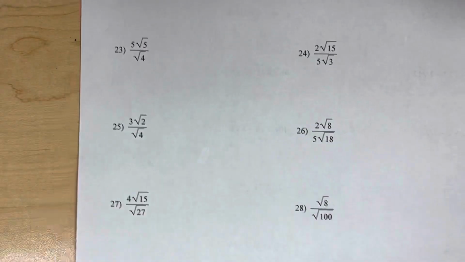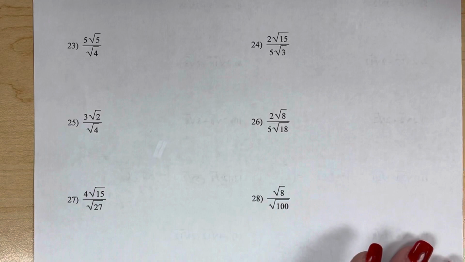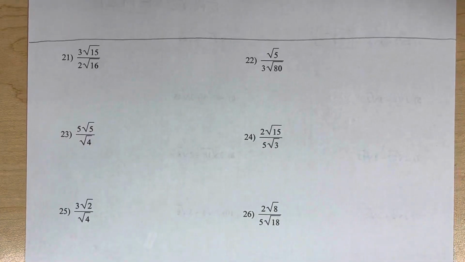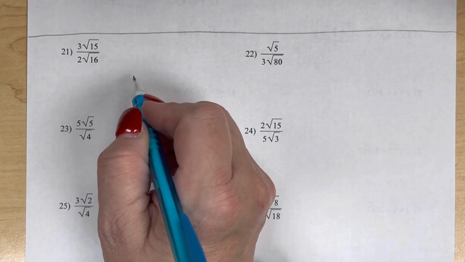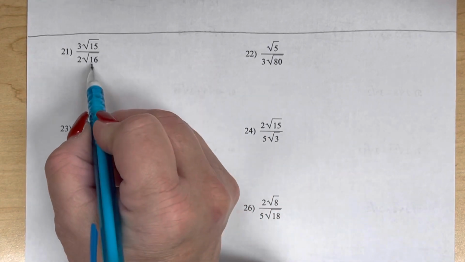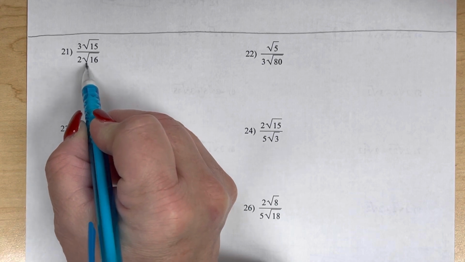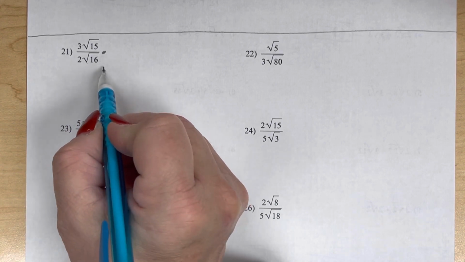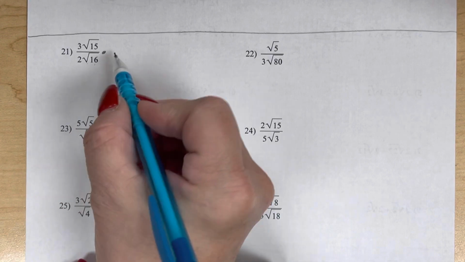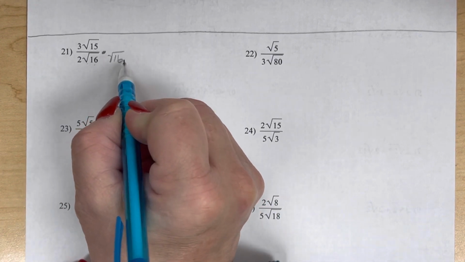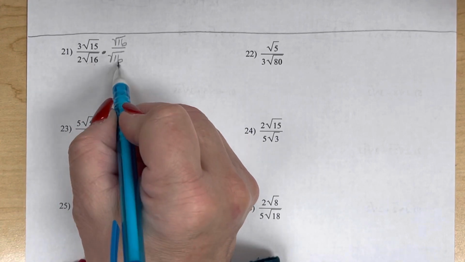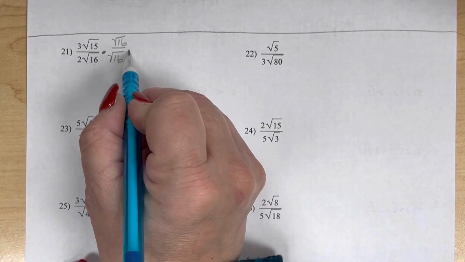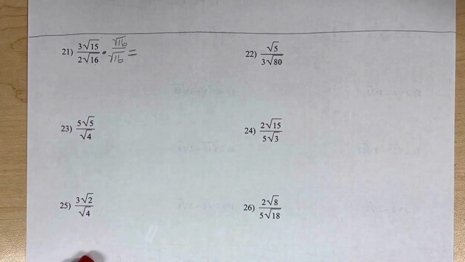All right, let's take a look at the other side now, which is division. So let me get to 21 here. Now, with division, the way you handle these is you're going to multiply, just like we did in our notes. You're going to multiply times whatever is inside of that radical sign, okay? And you'll multiply your numerator and your denominator by that, because basically what you're trying to do is get that outside the sign, okay?